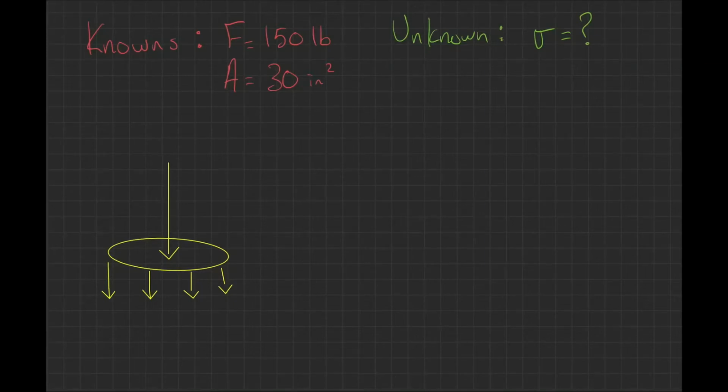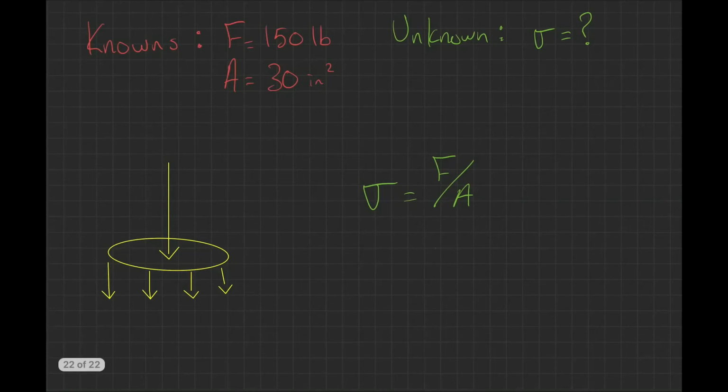All right, so step three is for us to write out any of the equations that we're going to need to solve this. So the equation that we're going to use here is that stress is equal to F divided by A. Okay, step four is to substitute and solve.